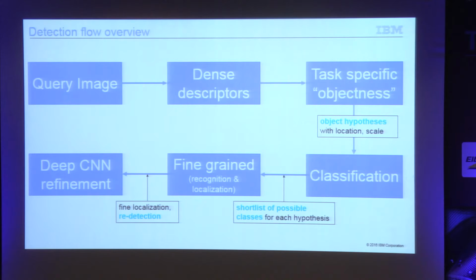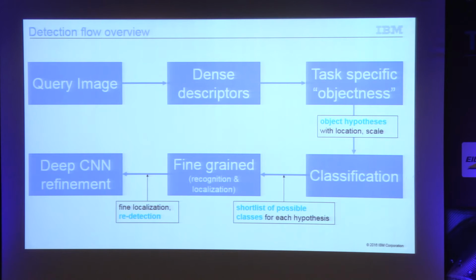So having this hypothesis, we proceed with the straightforward classification step, where we reuse again the same descriptors and the conditional probabilities I'll immediately discuss, in order to compute a short list of most likely classifications for each bounding box. And then we do another refinement step, where we again recompute the bounding box based on the detected class, the class that we decided upon.